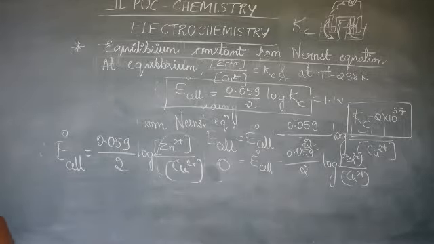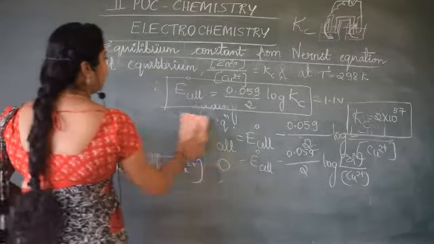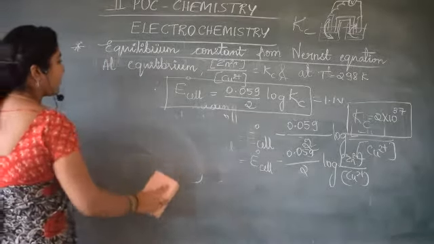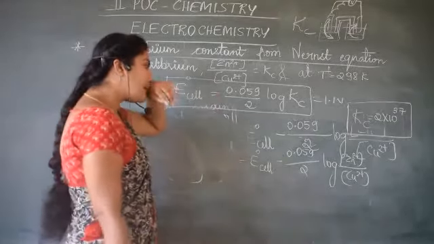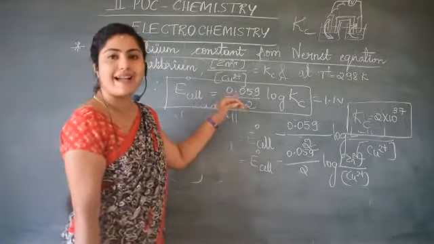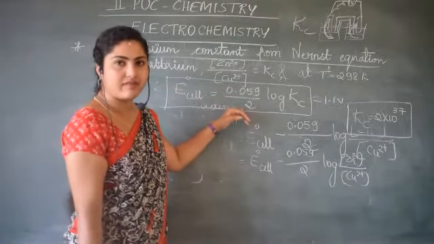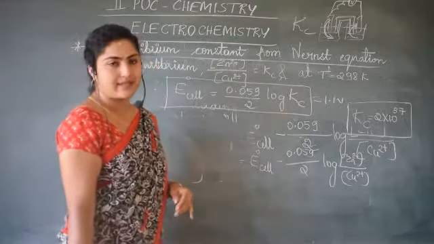Now let us see how we can solve some numerical problems based on this formula. Otherwise, you can also write this as 2.303 RT by nF log Kc.